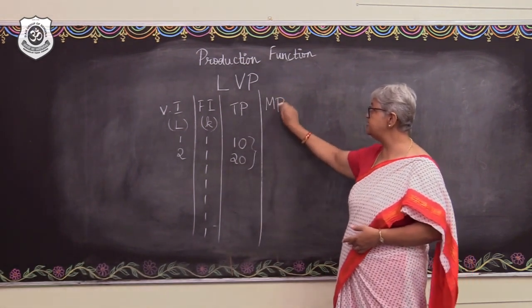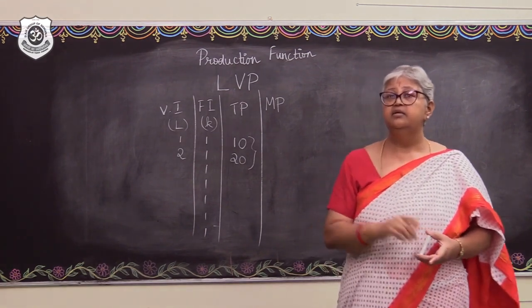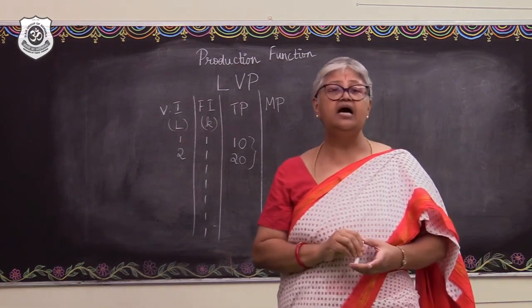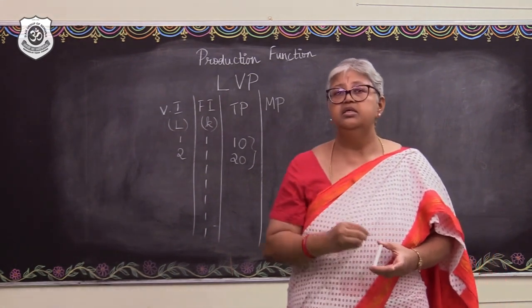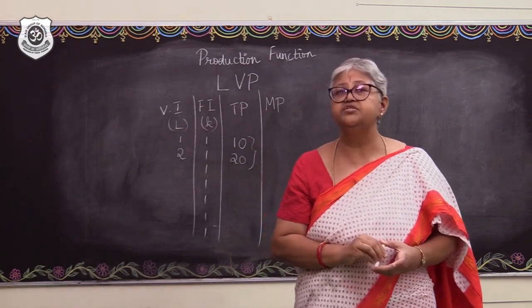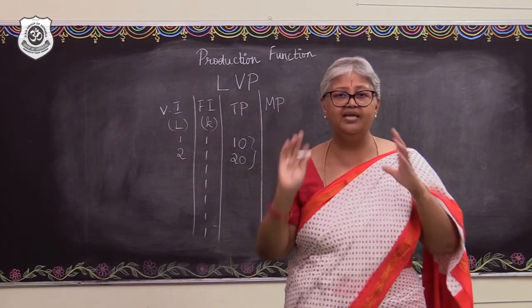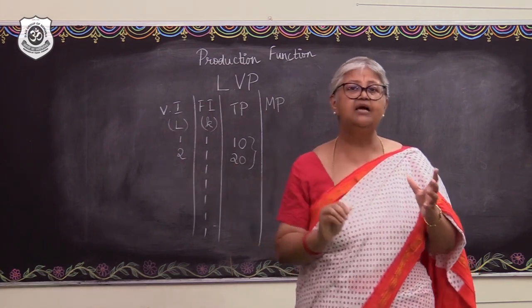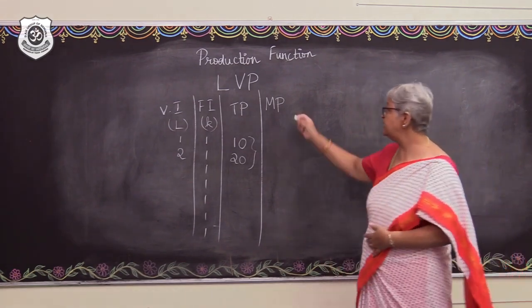So what is marginal product? Marginal product is nothing but the increase in the output due to one more unit of variable input employed in the process of production. Due to employing one more unit of variable input, the resultant output would be the marginal product. How is it calculated?